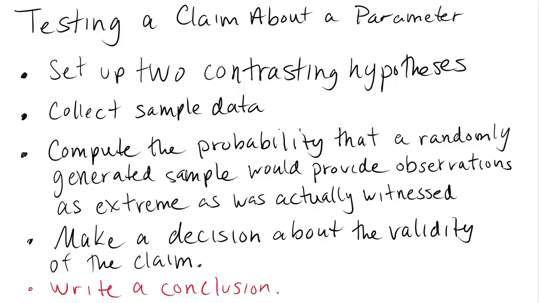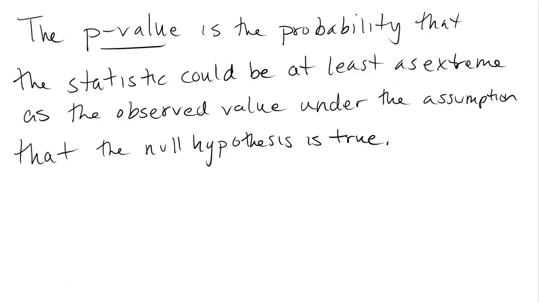We compute the probability that a randomly generated sample would provide observations as extreme as what was actually witnessed. We call that probability the p-value. The p-value is the probability that the statistic could be at least as extreme as the observed value under the assumption that the null hypothesis is true.